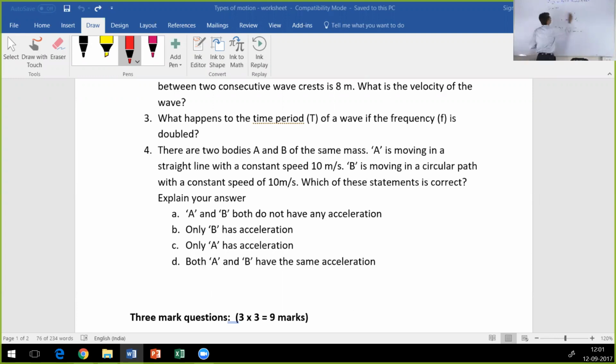So there are two bodies, A and B, of the same mass.